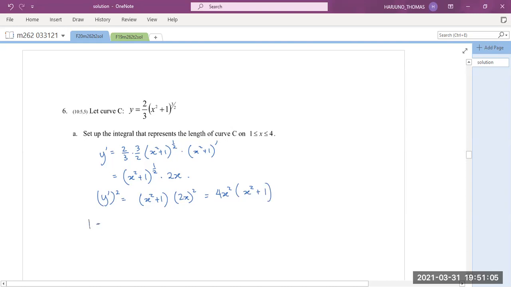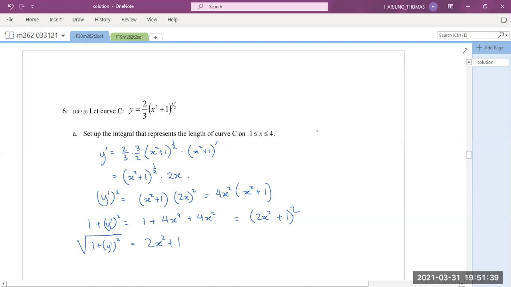Now, 1 plus y prime squared is 1 plus that guy. Let me distribute that. Oh, but this is actually (2x squared plus 1) squared, such that the square root of this, notice that I don't touch the integral at all. I focus more on the integrand.